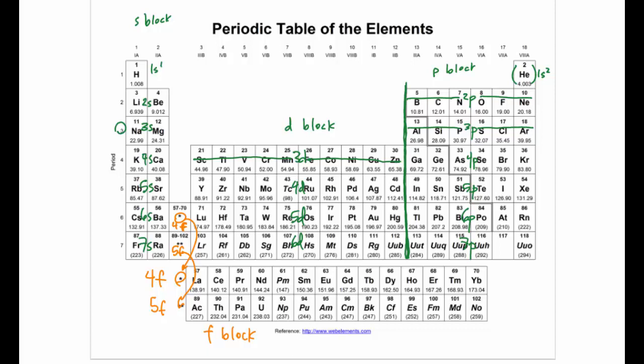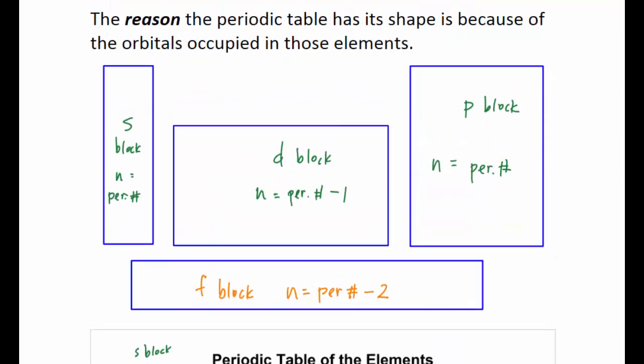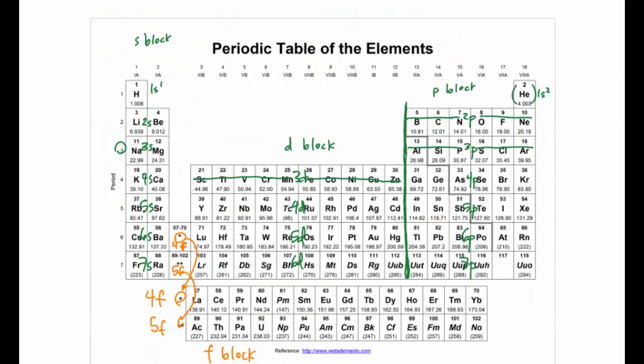Now, what we need to do, we can use the width of each of these blocks to tell us how many electrons they can hold. So we had just a single orbital right over here that could hold 2 electrons, an upspin and a downspin. We had 3 orbitals over here that can hold 6 electrons.